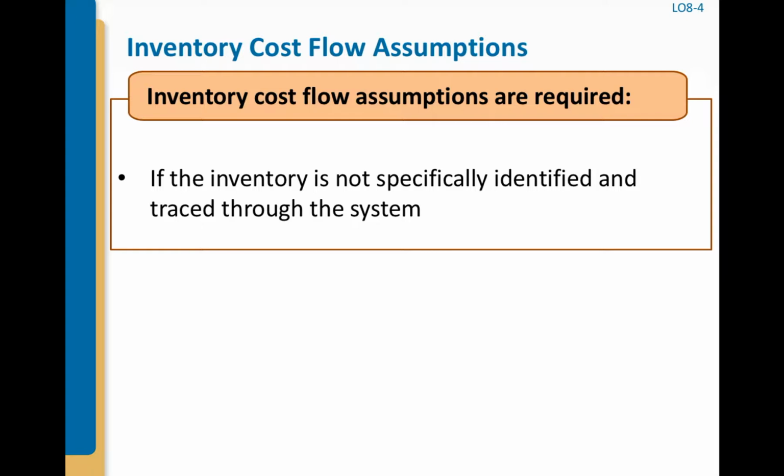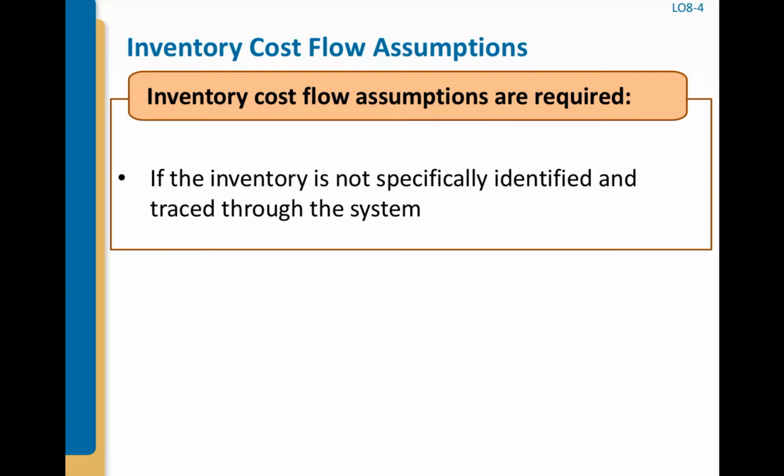In all cases when we're not able to specifically track the actual items of inventory that are coming and going, we are going to make some inventory cost flow assumptions, and that's where the terminology FIFO, LIFO, weighted average, and of course specific identification is what we're talking about.